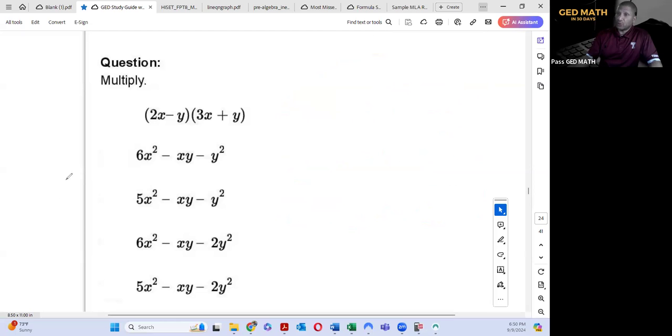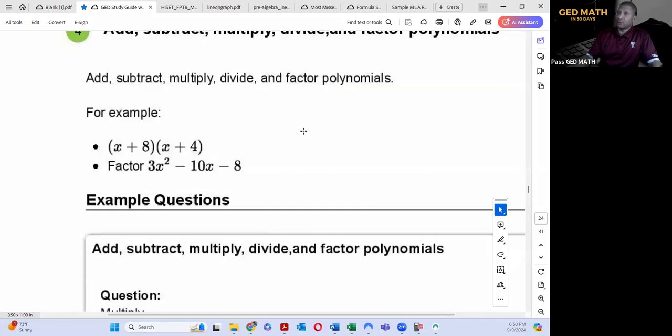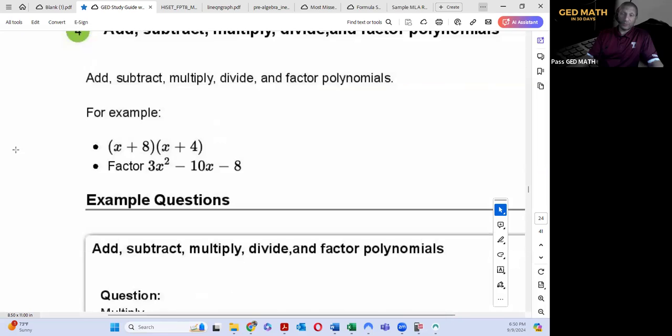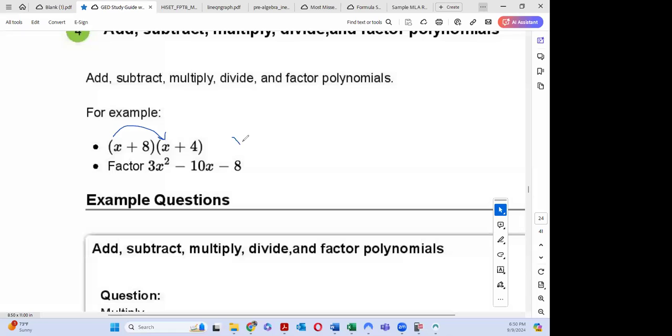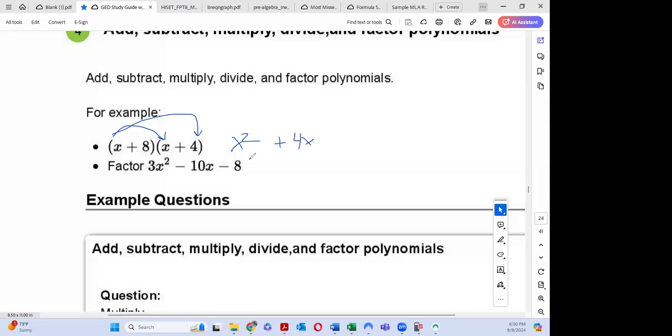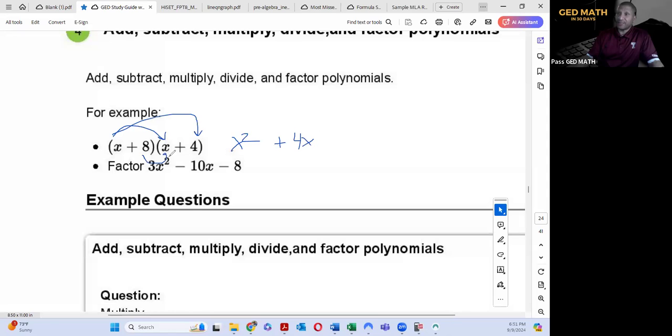Let me ask you a question. So remember I told you about combining like terms. That was multiplying, right? So let's look at this one here. If you notice, it says x plus 8 times x plus 4, right? So remember, x times x is x squared. X times 4 is 4x. 8 times x is 8x.